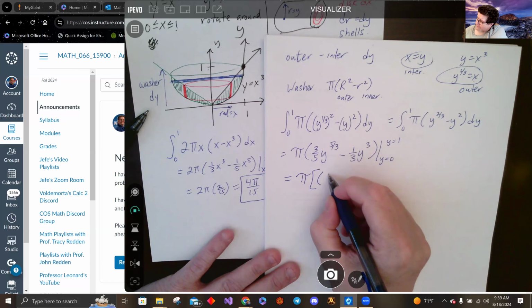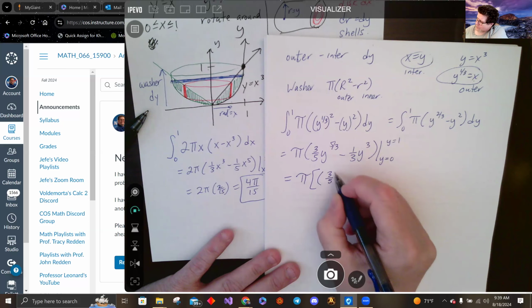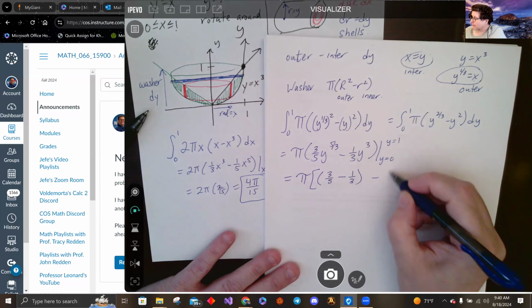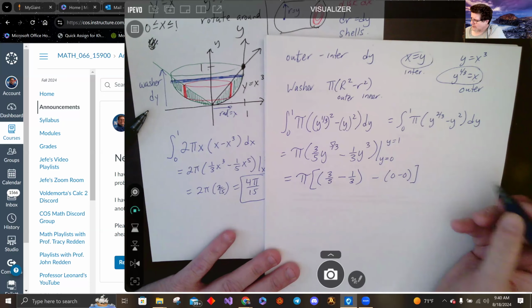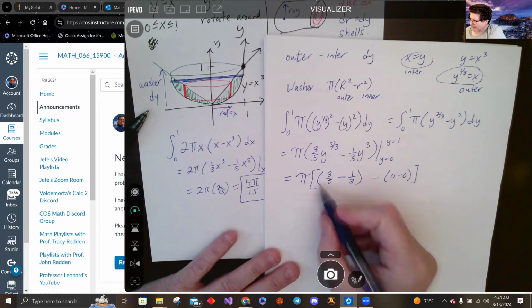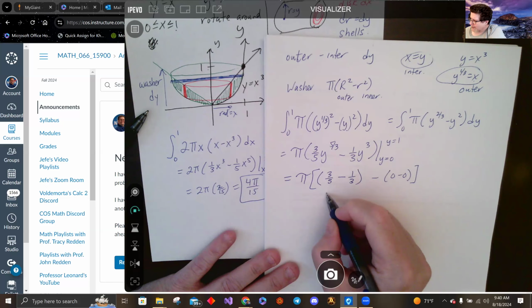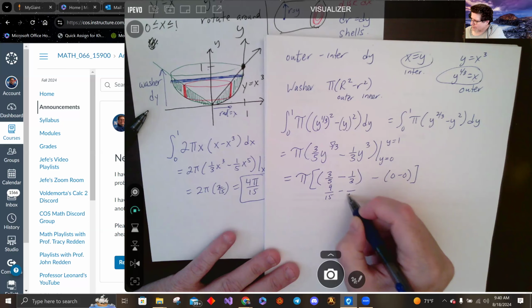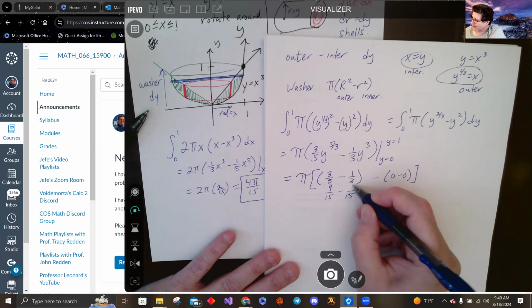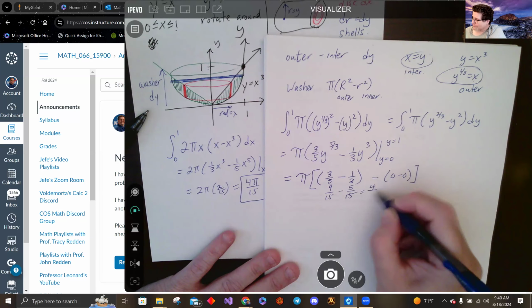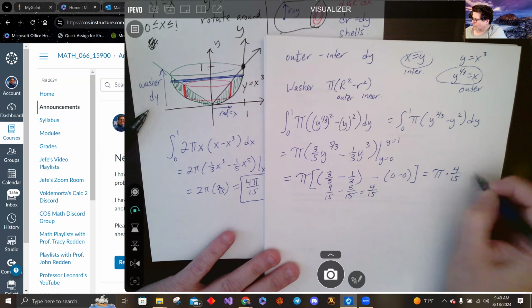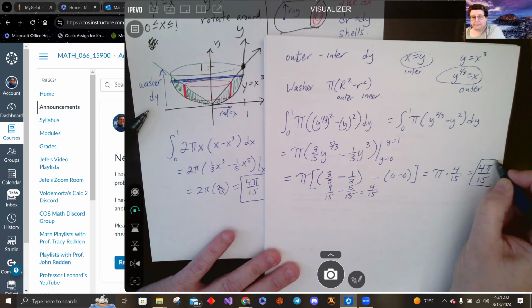So we got 3/5 minus 1/3. And then we stick in 0, those cancel out. So if I get a common denominator here, I get a 15 on bottom there, multiply by 3, there's 9 up there. Get a common denominator here, so I multiply by 5, there's a 5 up here. This is 4/15. So we've got pi times 4/15, or 4 pi over 15, which is what we had here.